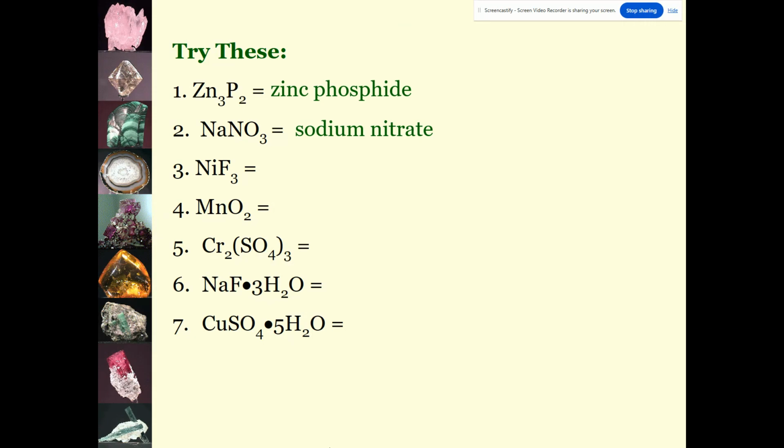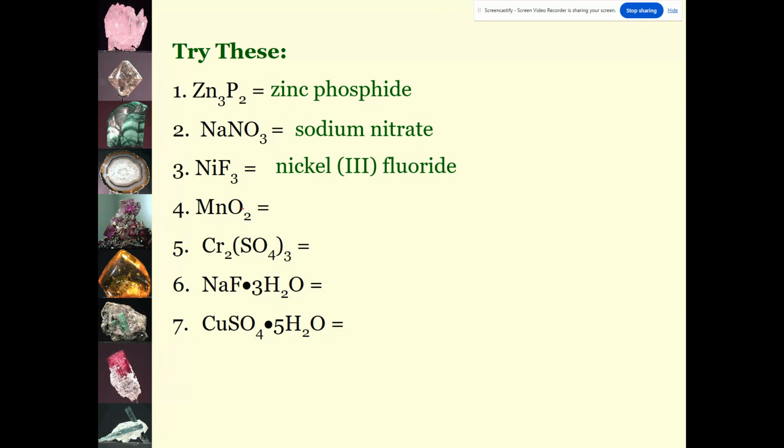Again, sodium is not multivalent, so it does not need Roman numerals. The next one, however, nickel is multivalent, so we do need Roman numerals. And because 1 nickel is bonding with 3 fluorides, and each fluoride is -1, the nickel must have a charge of +3. So it's nickel(III) fluoride.